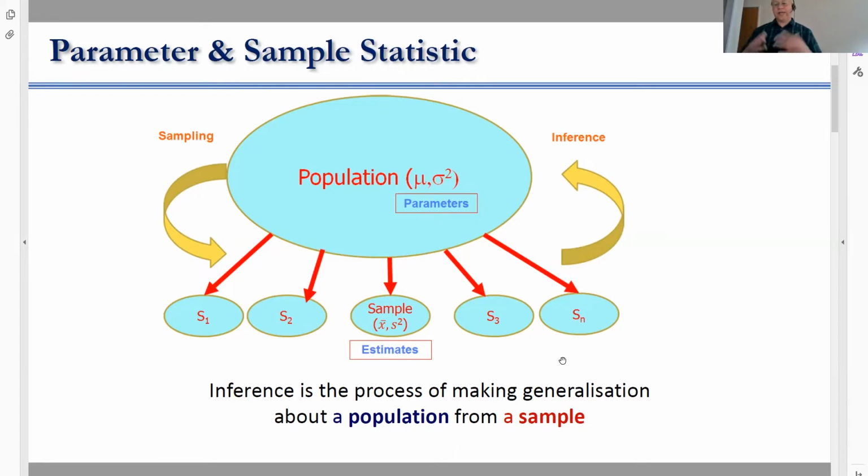The population could be anything, but based on your research area, you define your population. And most of the time, the population is too big that we cannot really measure each and every experimental unit of the population.